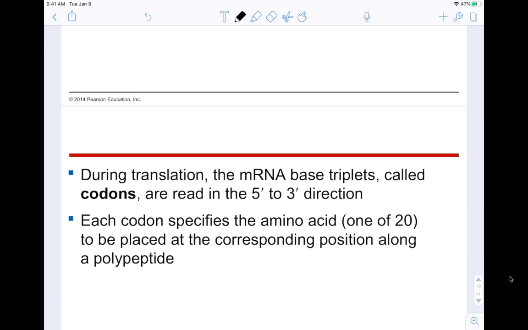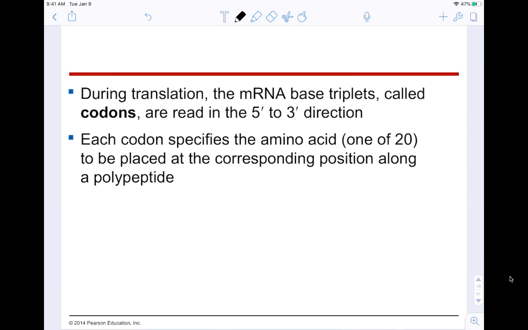Cool. Okay, so during translation, the second step that happens out at the ribosome, the mRNA-based triplets called codons are read in the 5' to 3' direction, which we talked about previously. So each codon specifies an amino acid, one of 20 different amino acids, to be placed at the corresponding position along a polypeptide.